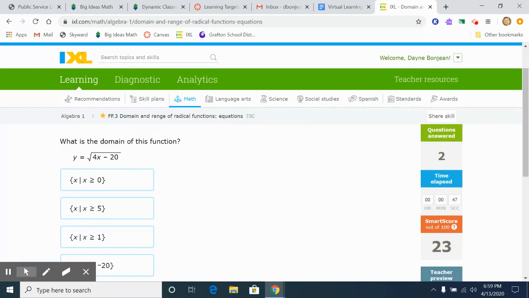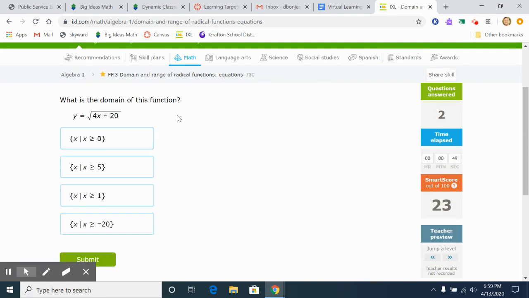What's the domain of this function? I'm just going to show you this last one, and then we'll move on and have you guys try this. Remember, I'm taking what's underneath my square root symbol, which is 4x minus 20, and saying that that must be greater than or equal to 0, and then I'm solving it.